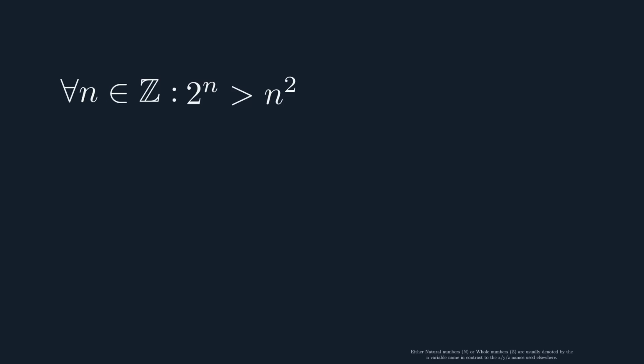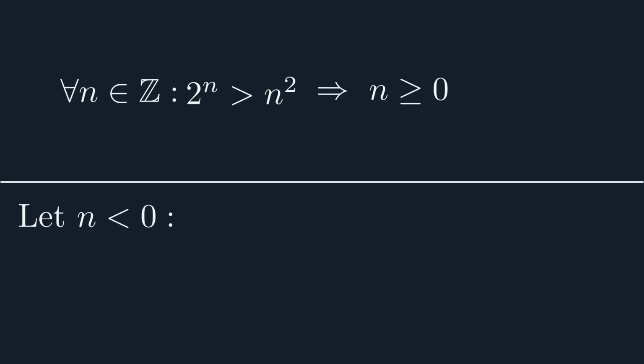Suppose we want to prove the following statement. Let's use n as our variable for a whole number. If 2 to the power of n is greater than n squared, then n is greater or equal than 0. To use the proof by contradiction method, we assume the negation of the implication. So n shall now be a negative number.